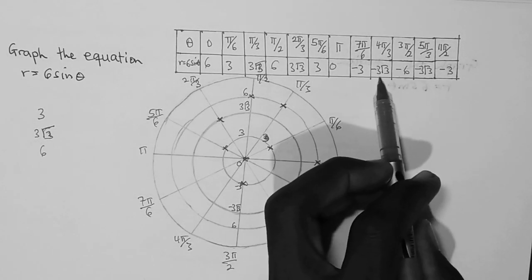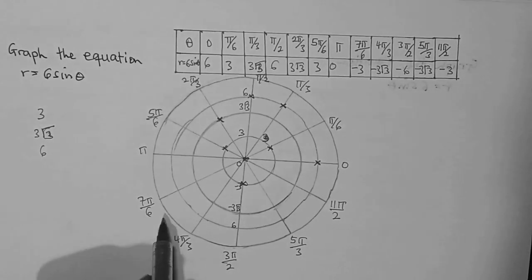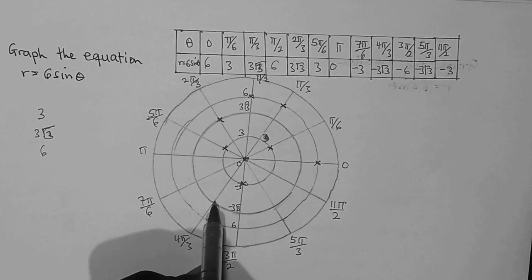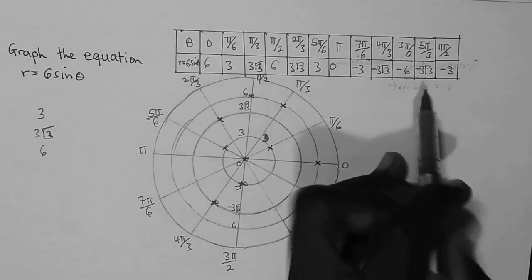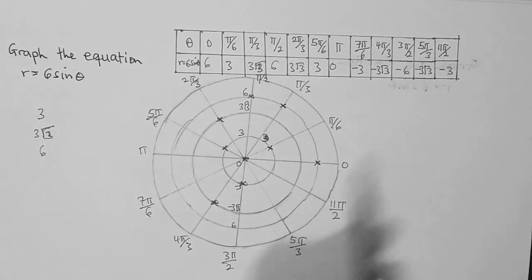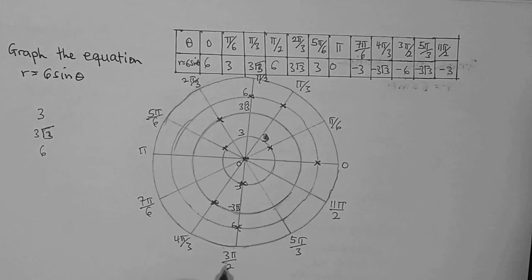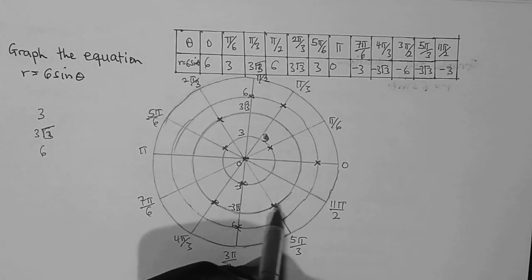Then 4 pi over 3 and minus 3 root 3 is this one. Then here's 3 pi over 2 and minus 6. 3 pi over 2 and minus 6 is here. Then 5 pi over 3 and minus 3 root 3 is this one.